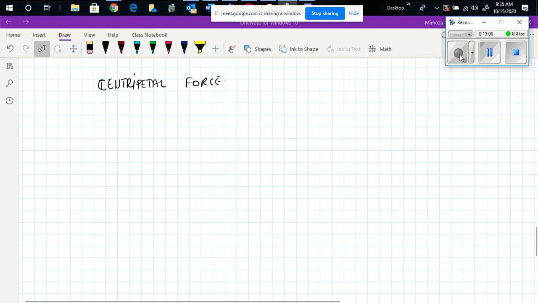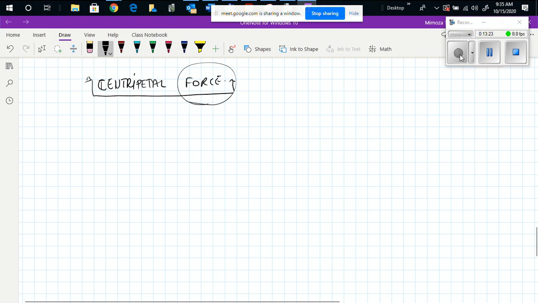Okay, let's talk a bit about the centripetal force. Even though we say it is a centripetal force, it is actually not a force on its own.